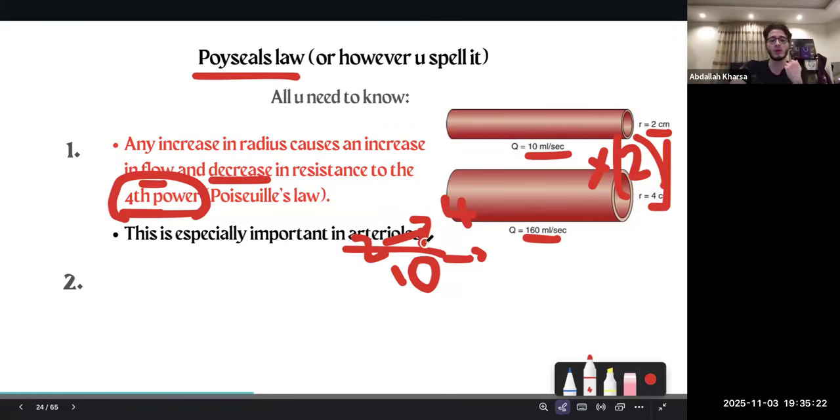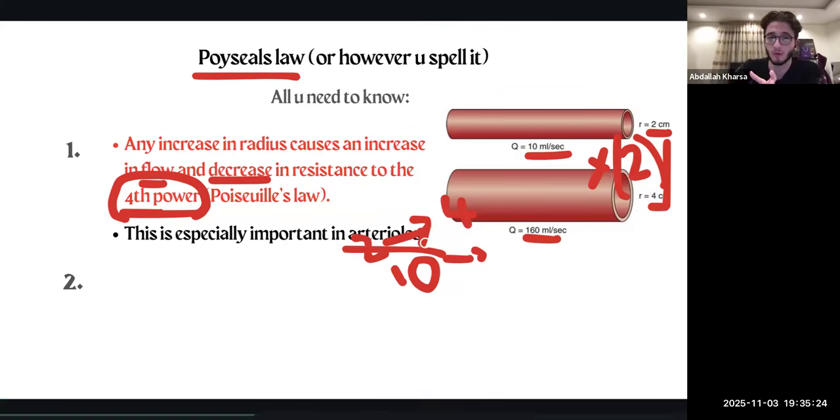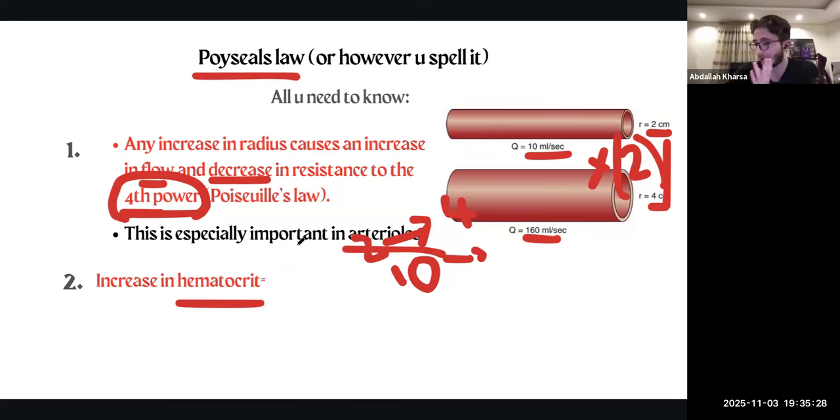The second thing that I want you to know from Poiseuille's law is something called hematocrit. Can someone tell me what they remember hematocrit to be? Come on, guys, I want to see some participation.